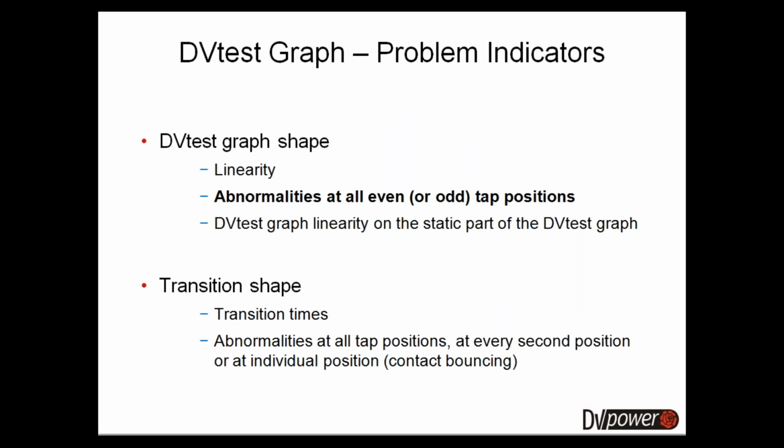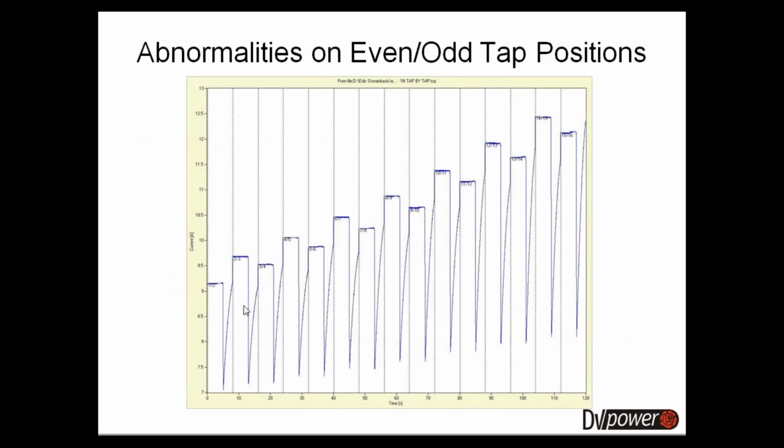You can also look at the graph shape to see if the same type of abnormality is present on all even or on all odd tap positions. And this can indicate a problem with the tap changer diverter compartments. Here you can see a graph going zigzag, zigzag, zigzag, and this tells you that one of the contacts of the diverter switch has an increased contact resistance.